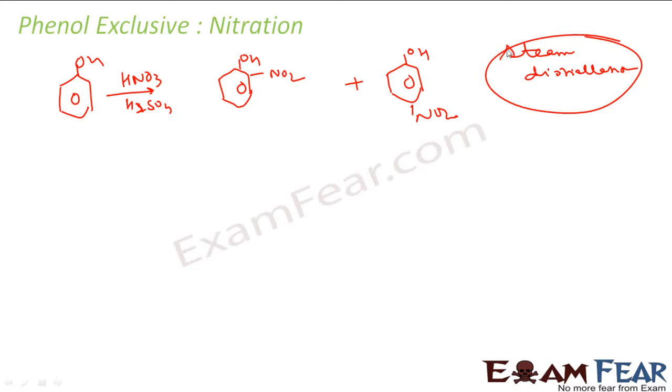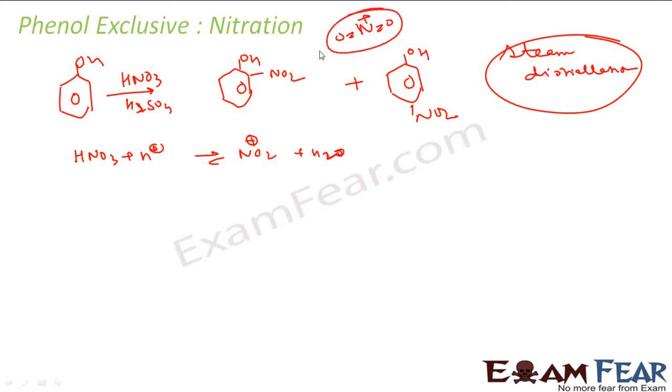Let's see the reaction mechanism here. As I told, you first have nitric acid. It reacts with H plus. What you get is NO2 plus and water. This NO2 plus is the one that reacts. So let's see the reaction. I have this phenol here, and I have NO2 plus.